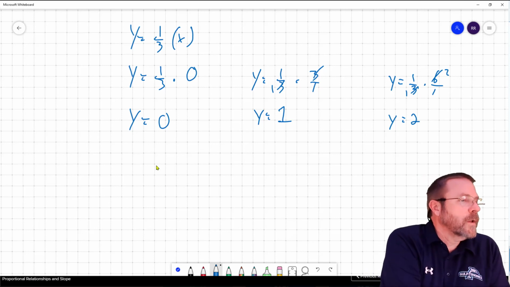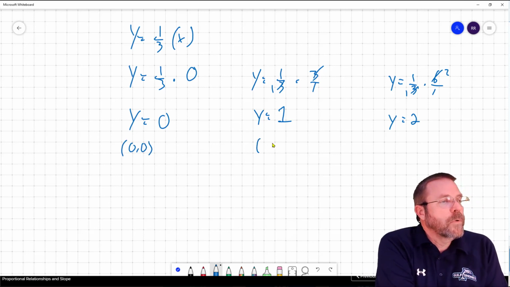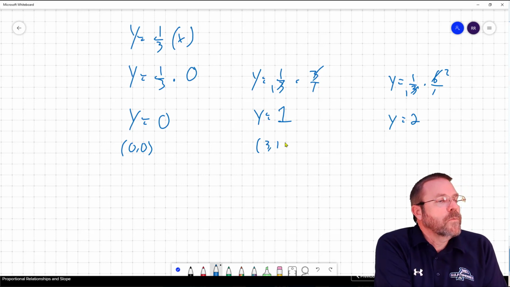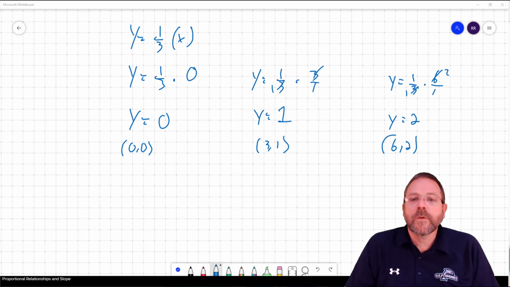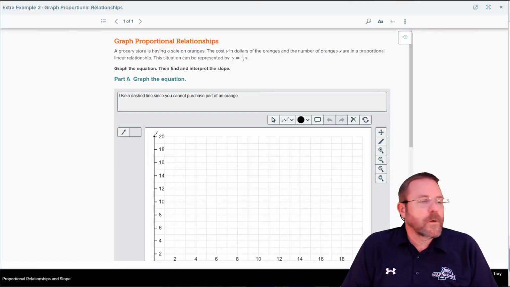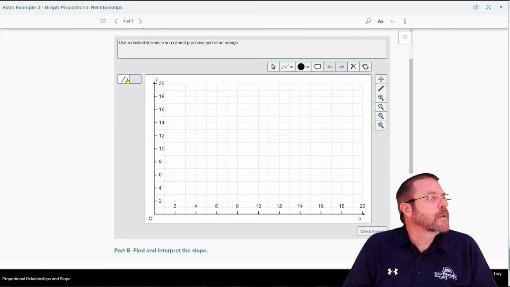So my ordered pairs here are going to be (0, 0), (3, 1), and (6, 2). Those are the three ordered pairs I'm working with. Jumping back over here to our problem, I'm going to put a point in at (0, 0).